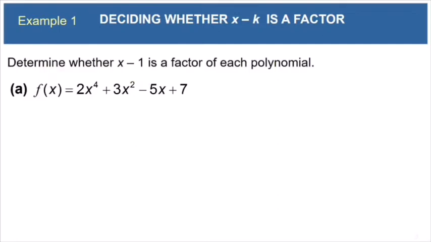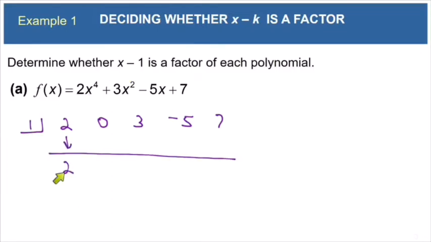Well, we'll use synthetic division, and we'll put a 1 in the box, and then we'll copy all of our coefficients here. So notice that I don't have an x to the third term, so I had to put a 0 to hold that place for the x to the third term. So I have 2x to the fourth, 0x to the third, 3x squared minus 5x, and plus 7, and we're dividing by x minus 1, so we have 1 in the box.